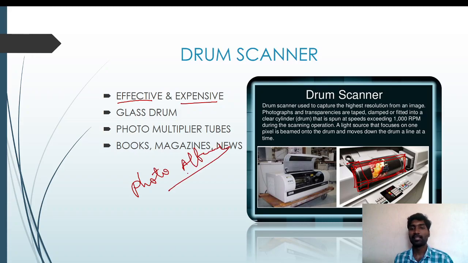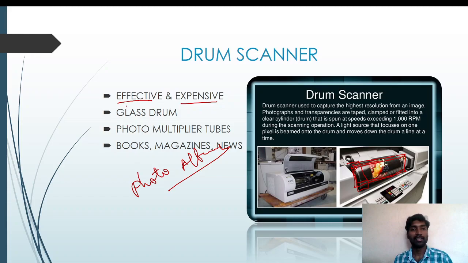You can see this type of scanner there, because it shows in a high resolution, high clarity. Compared to a normal scanner, it is very highly sensitive and more effective also, and it is a glass drum.